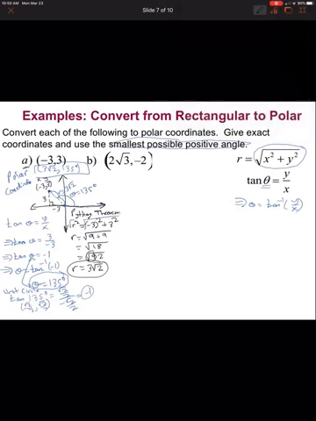Let's do one more. Let's go ahead and look at 2 square roots of 3 over negative 2. So example B. Let's go ahead and draw in rectangular coordinates these points. So write 2 square roots of 3, down negative 2, down here in quad 4 as this ordered pair goes. There's again x and y.